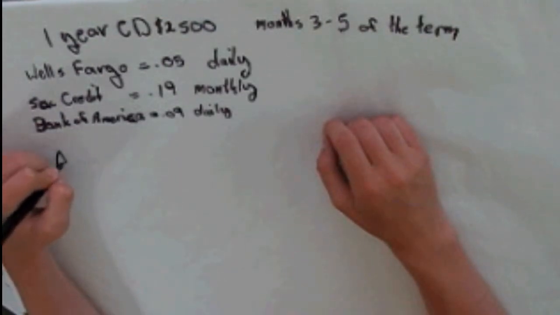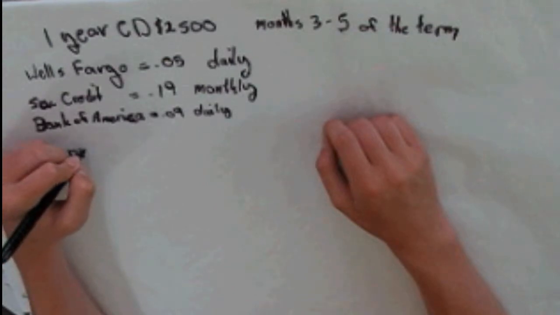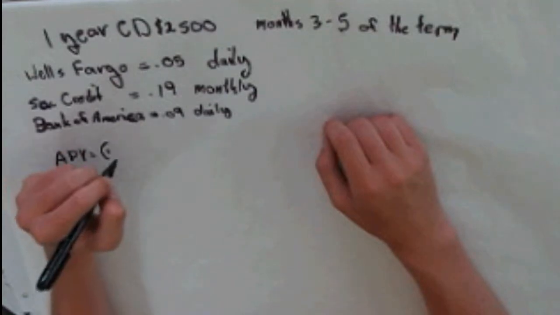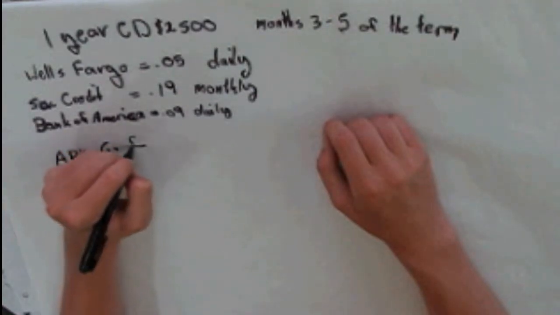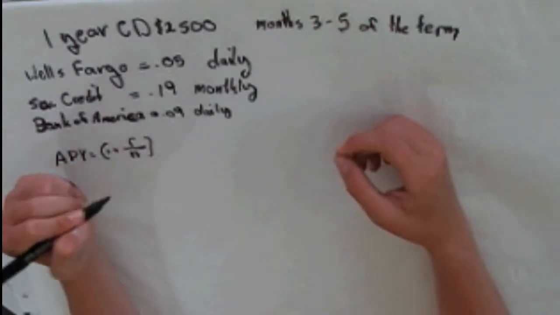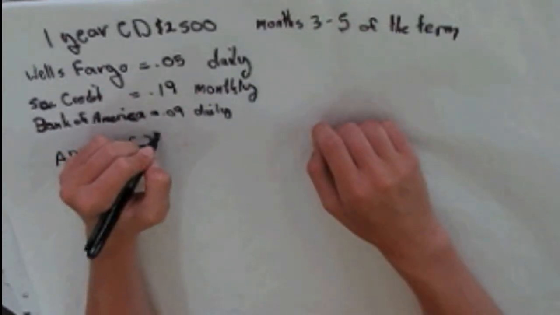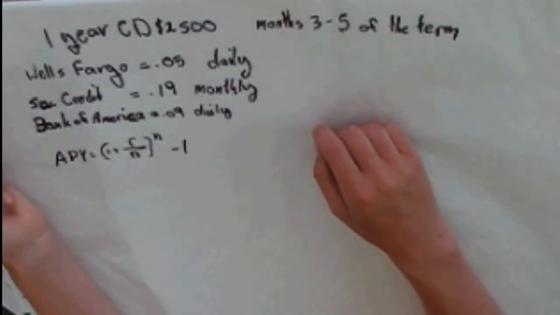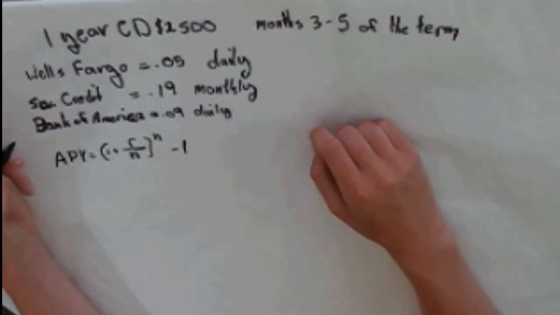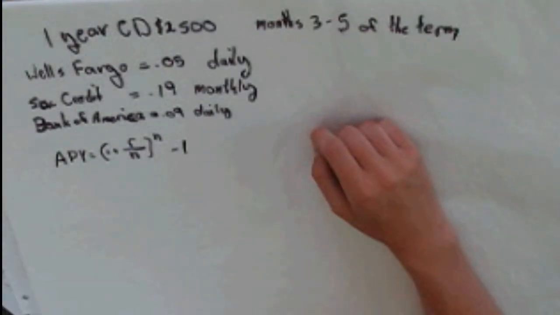So the formula for finding the annual percentage yield is APY equals 1 plus the rate divided by n, which is the number of times it's compounded in a year, raised to the n, minus 1. Since Wells Fargo compounded daily, and a business year is actually 360 days instead of 365 days, so that you have 12 months of exactly 30 days.